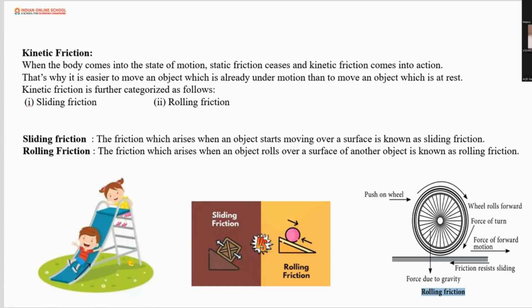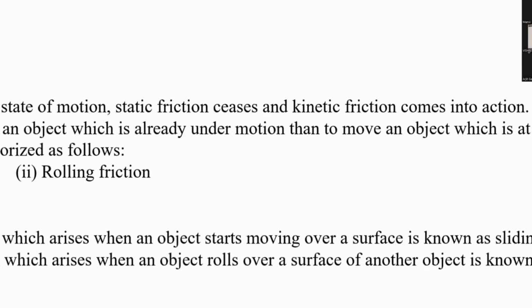Okay, ma'am. Friction is of two types. Now name them. First is static friction and the second is kinetic friction. And kinetic friction is further divided into two types: sliding and rolling. Okay, now let me write here. You are saying friction is of two types.